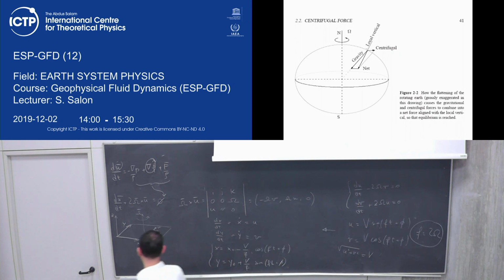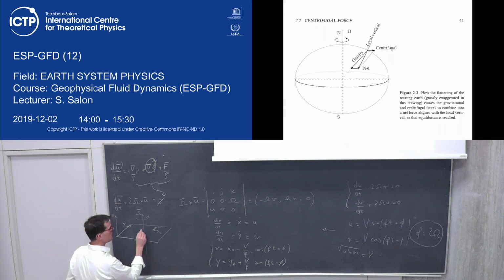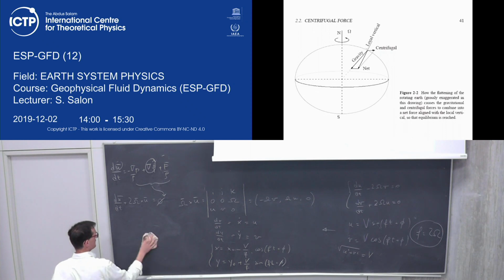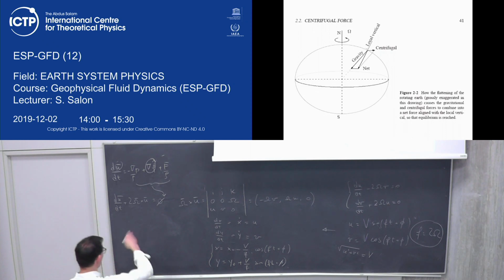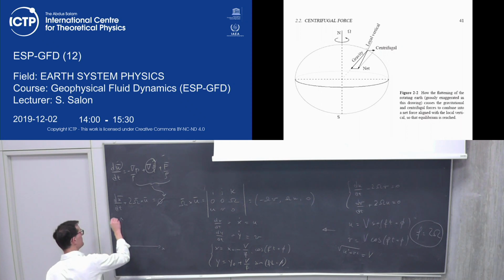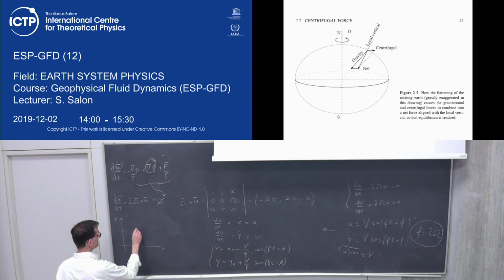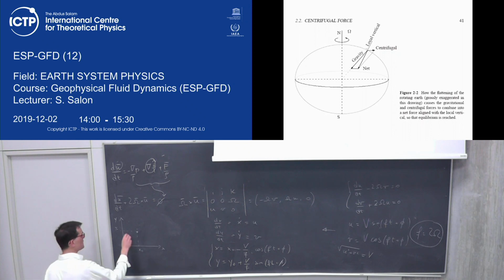So let's look at my rotating table from above. This is x0, this is y0. So this is my initial point, okay, at t equal to 0.